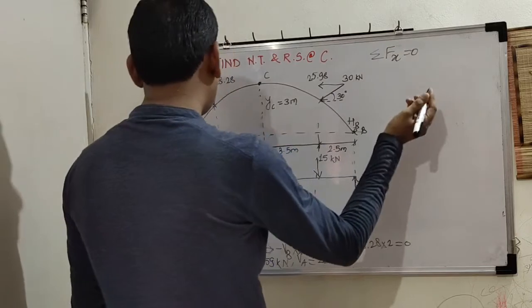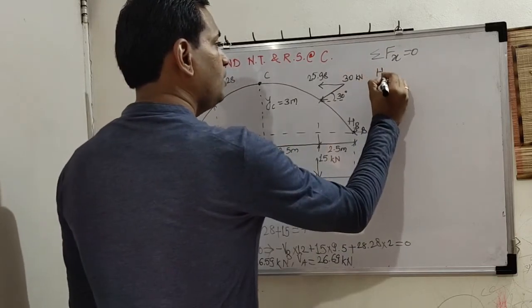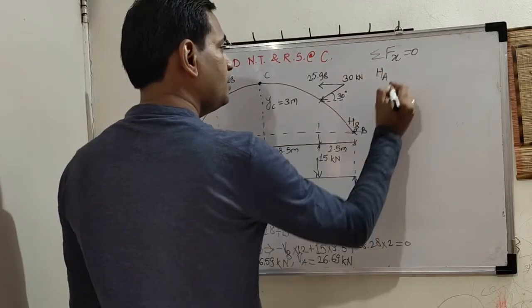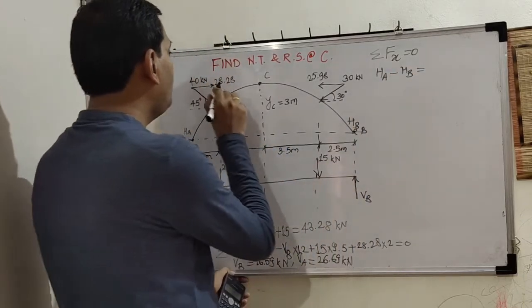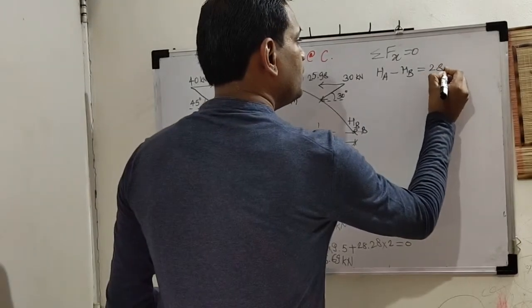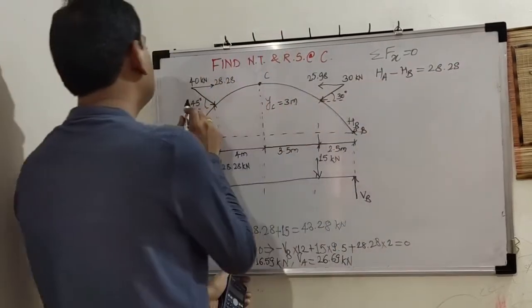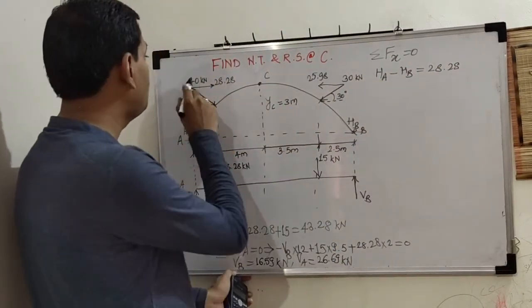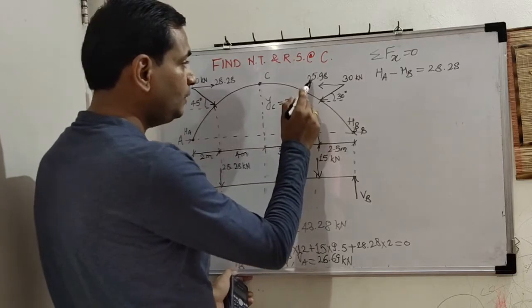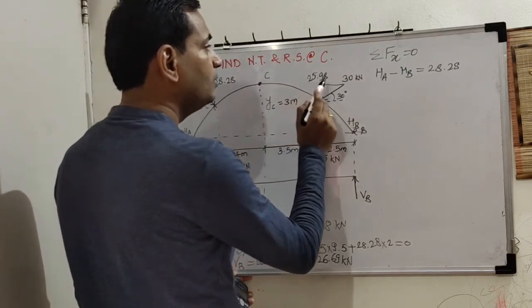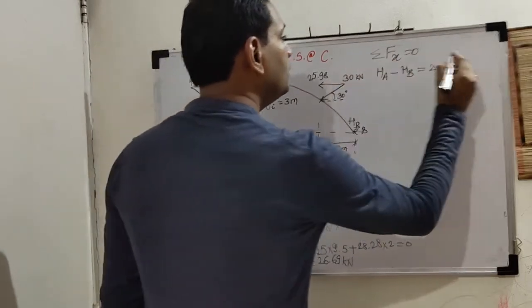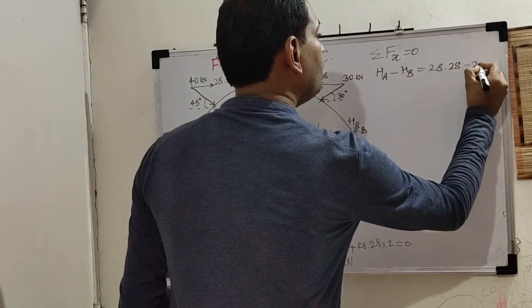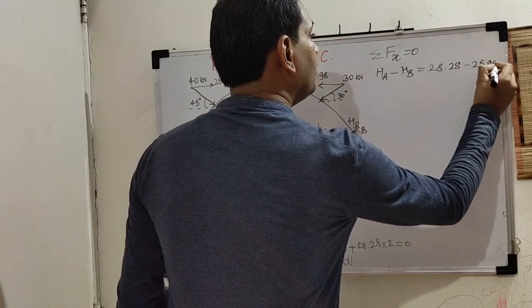Okay. So what are we going to get? HA minus HB. Okay. It is equal to 28.28, which is horizontal component of 40. So it is 40 cos 45, and this is 25.98, which is horizontal component of 30, 30 cos 30. So minus 25.98. Okay.